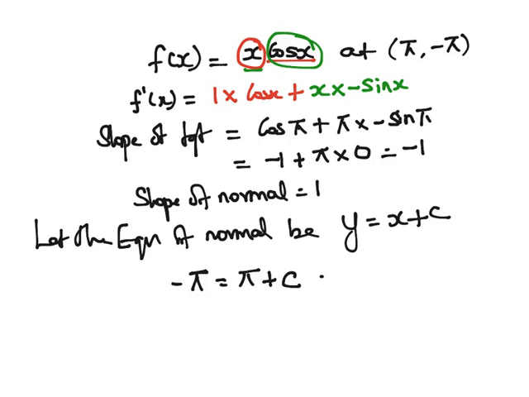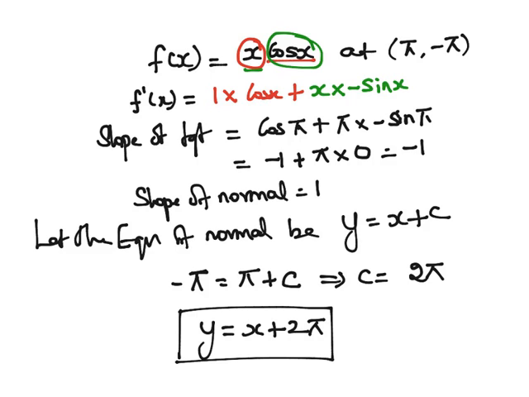So I'll get c equal to 2 pi. So it means the equation of the normal is y equals x plus 2 pi. Okay, so this is the equation of the normal.